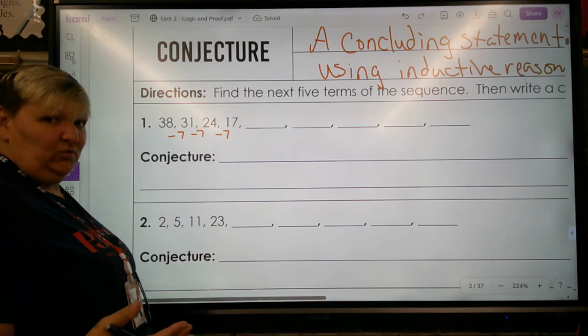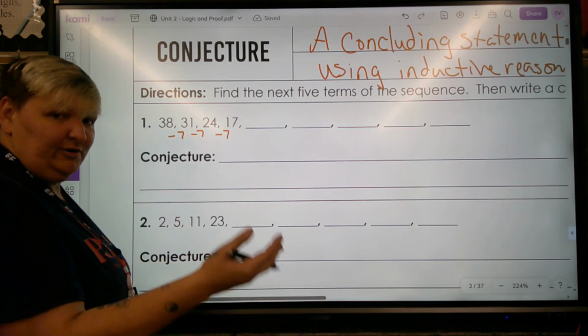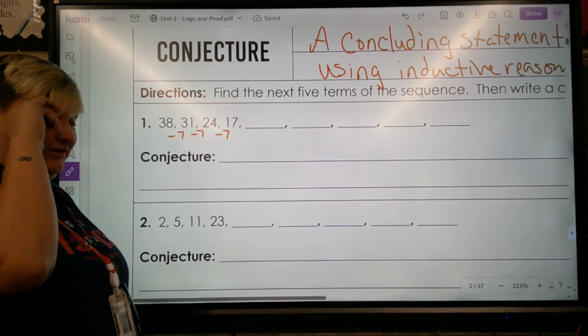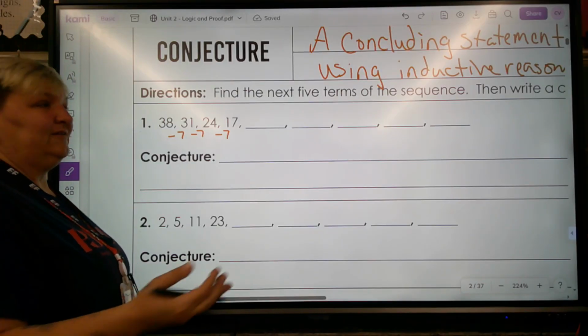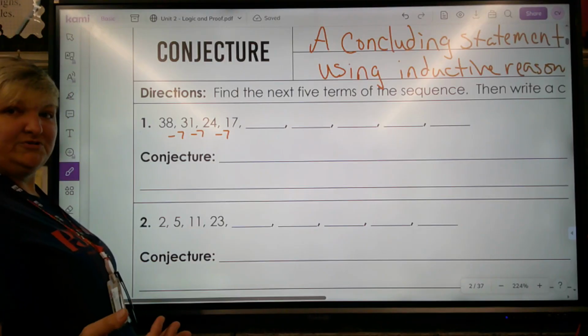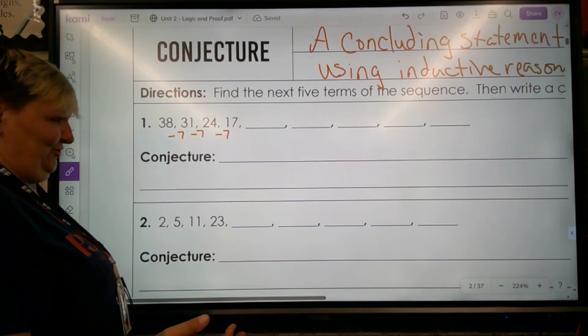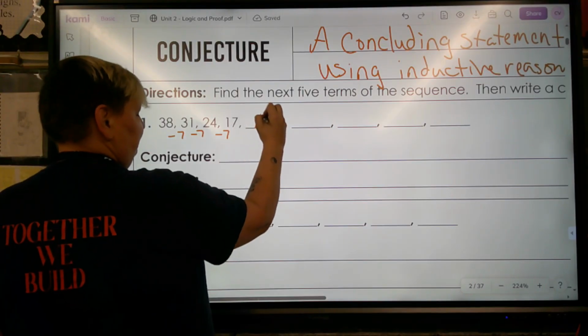It's a repeated pattern, so we can keep using it, right? It may have more than one pattern, and that's great, as long as you can defend your pattern, as long as you can explain your pattern, right? Sometimes it's just easy to find the simplest pattern because, well, why would you want to make things more difficult if you don't have to? All right, so 17 minus 7 is 10.